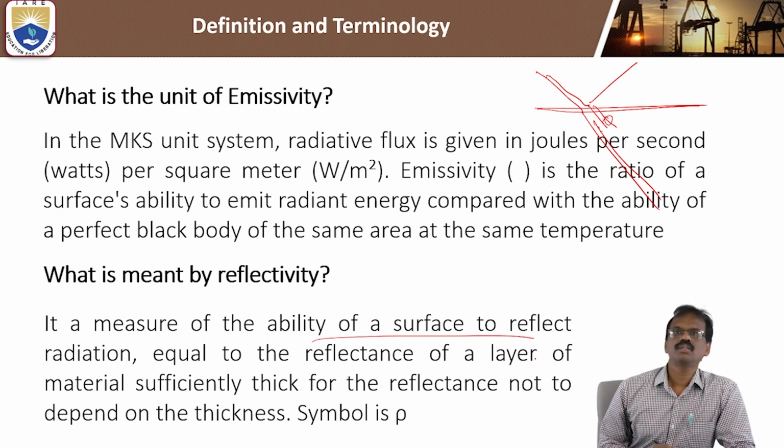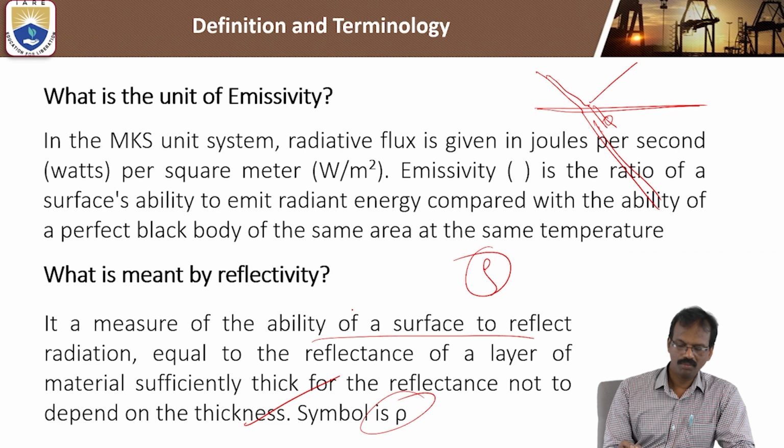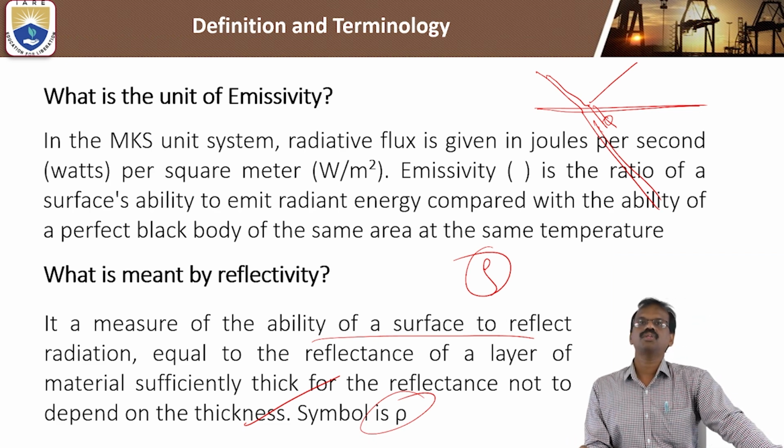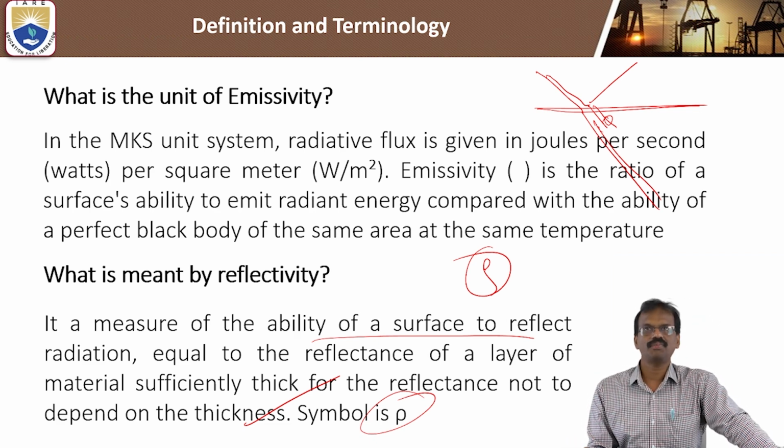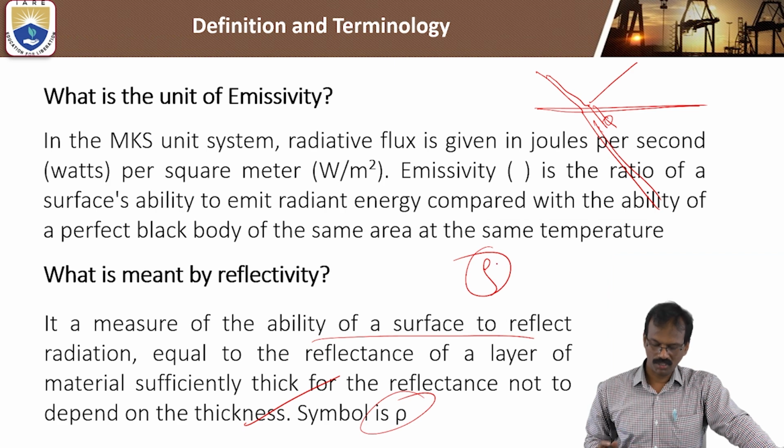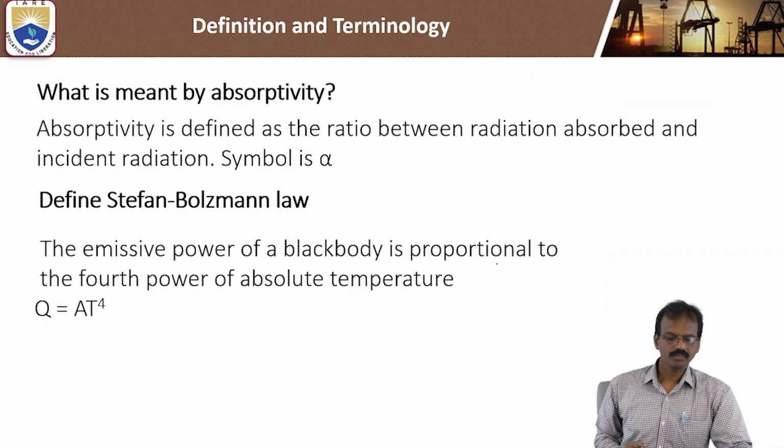It is equal to the reflectance of a layer of material sufficiently thick for the reflectance not to depend upon the thickness. It is represented by rho. So the ability of a surface to reflect the radiation, that is reflectivity. Reflectivity is represented by rho here.